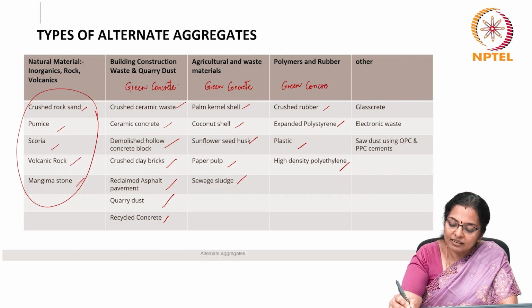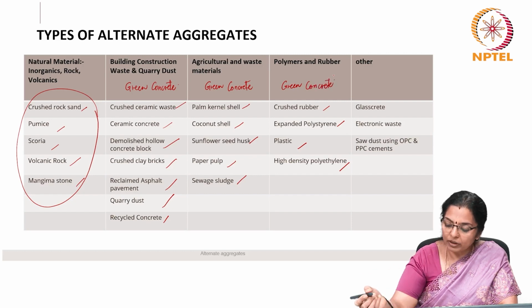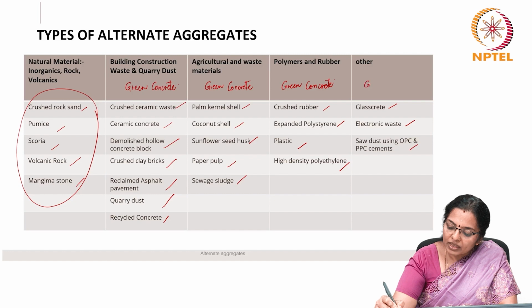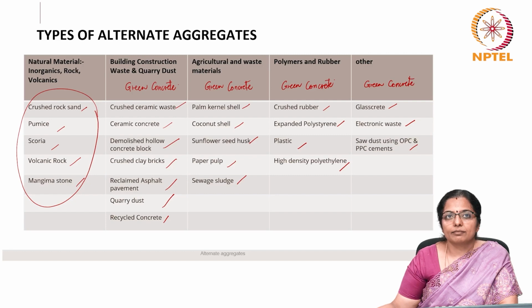Whereas other materials where we can be more innovative are glasscrete, electronic waste, sawdust using OPC and PPC cement can also contribute to green concrete.